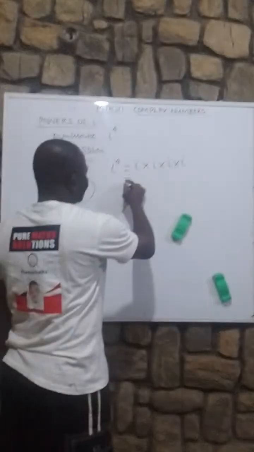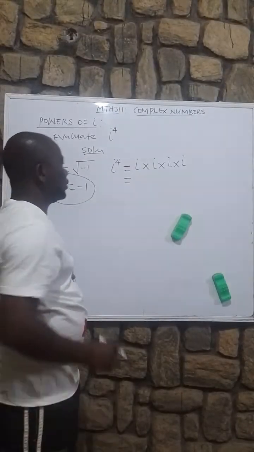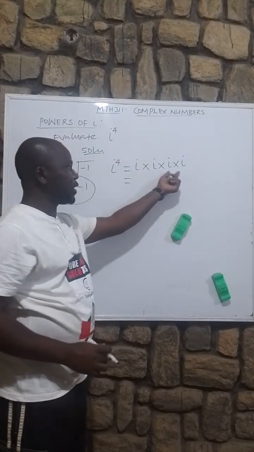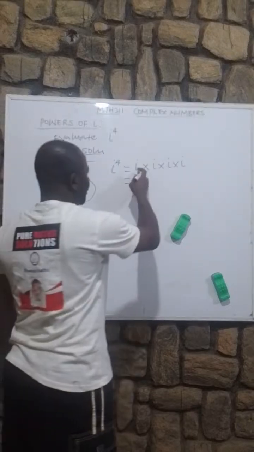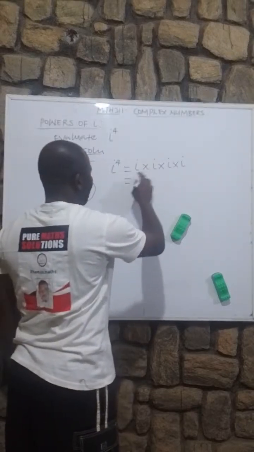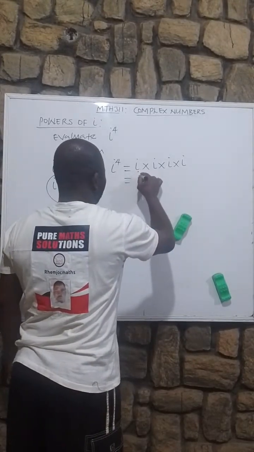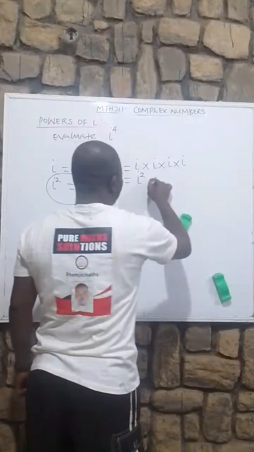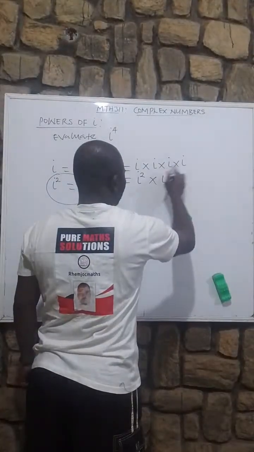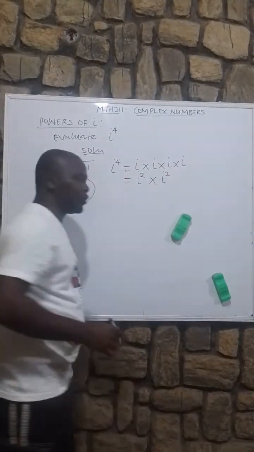We can reduce this: i times i is i squared, then times i times i is i squared. True or false?